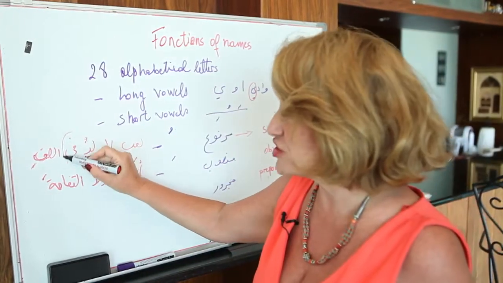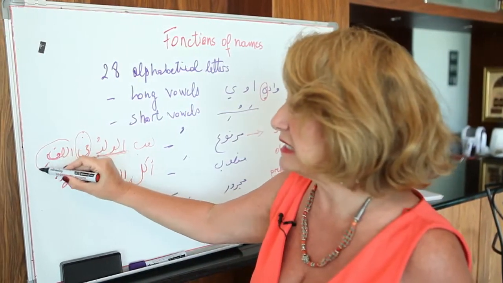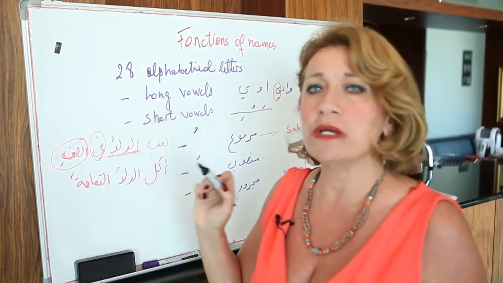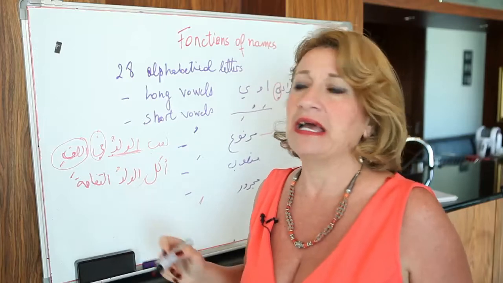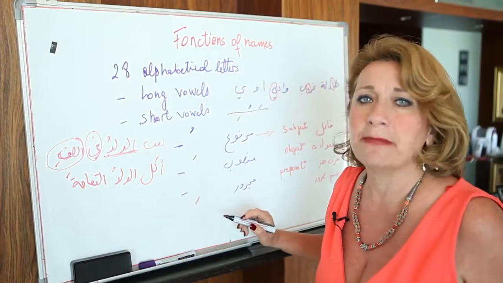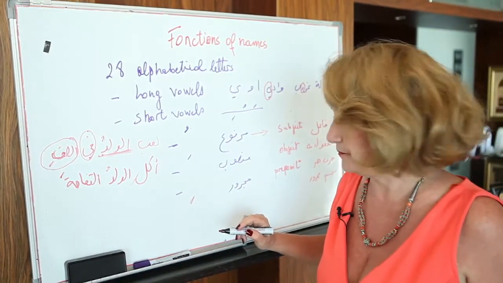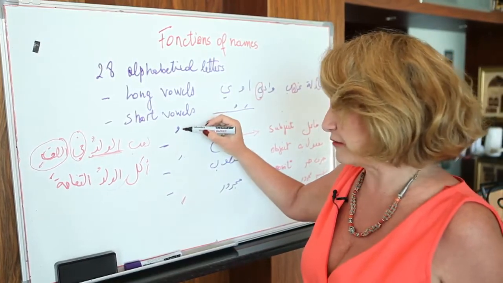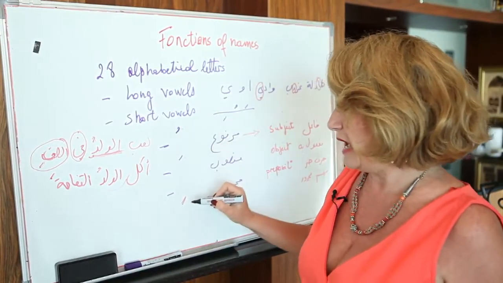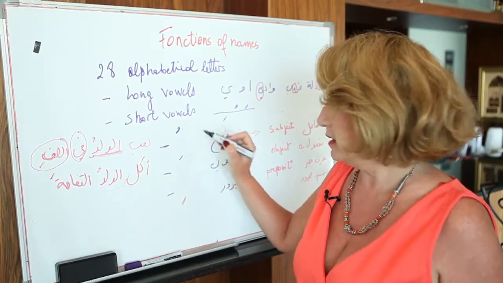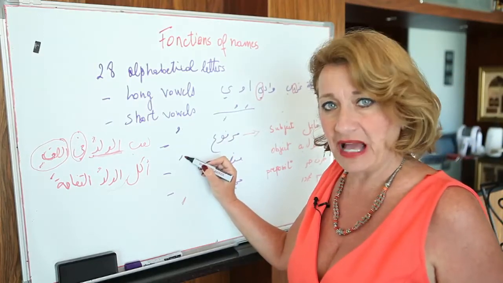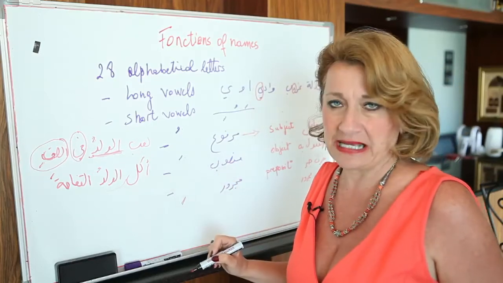This is the حرف الجر and this is الاسم المجرور. And always in the اسم المجرور, we have the kasra at the end. So we have مرفوع, منصوب, and مجرور. مرفوع بالضمة, منصوب بالفتحة, مجرور بالكسرة.